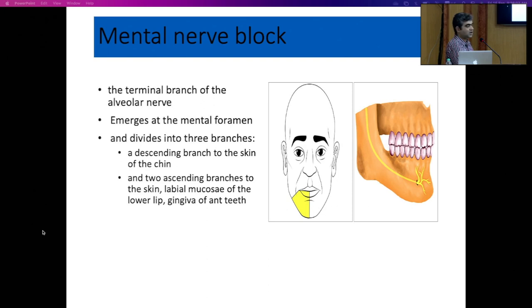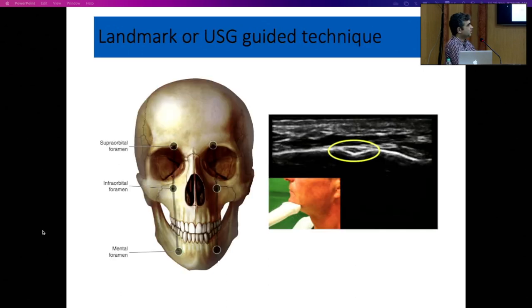And this is another terminal branch of the mandibular nerve, the inferior alveolar nerve, which comes out of the mental foramen. It emerges at the mental foramen and divides into 3 branches, and this supplies the labial mucosa of the lower lip, gingiva, and the skin of the chin. The same thing can be done with ultrasound guidance also.